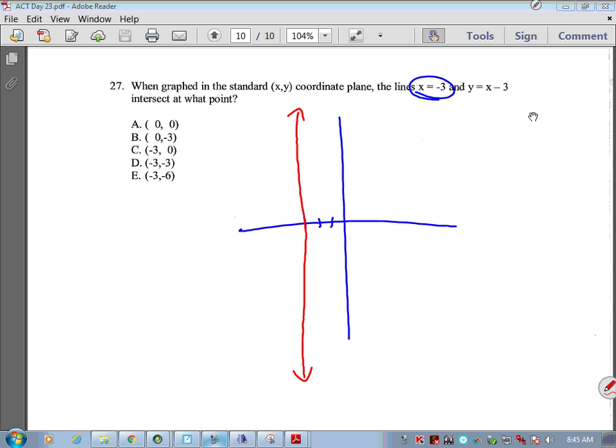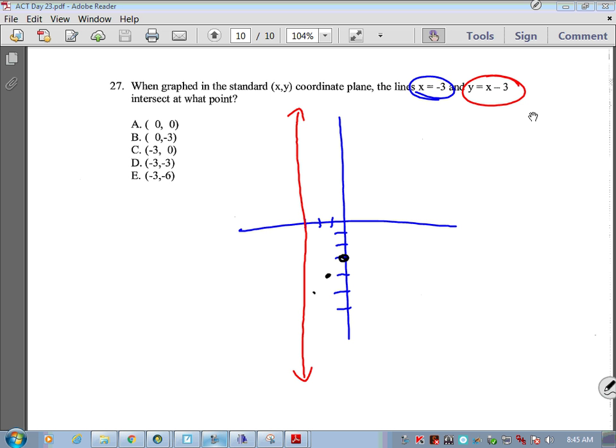Okay, if we have y equals x minus 3, what we're saying is that my y-intercept is at negative 3, and I have a slope of up 1 over 1, right? Which means if I have to intersect this line, I'm going to have to go back 1, down 1, right? All right, so we know that we're going to get points here, because that's going to be back 1, down 1.